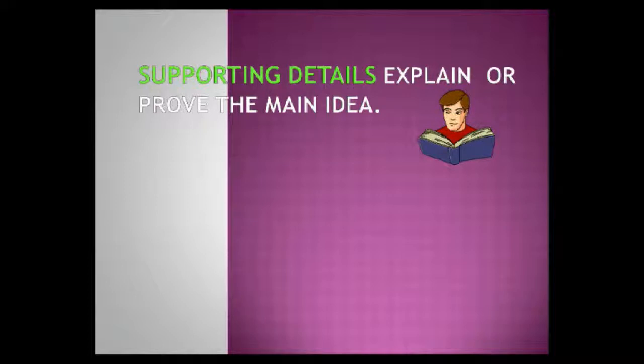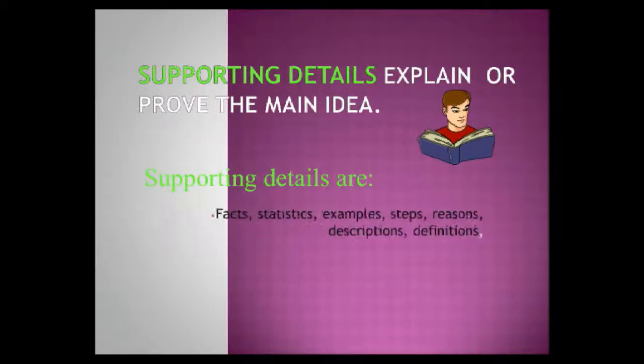So we said in the last chapter that supporting details explain or prove the main idea. They help develop the main idea. Basically, your supporting details are going to give us the meat of the paragraph. They're going to give us all the things that we need to know: the facts, the statistics.